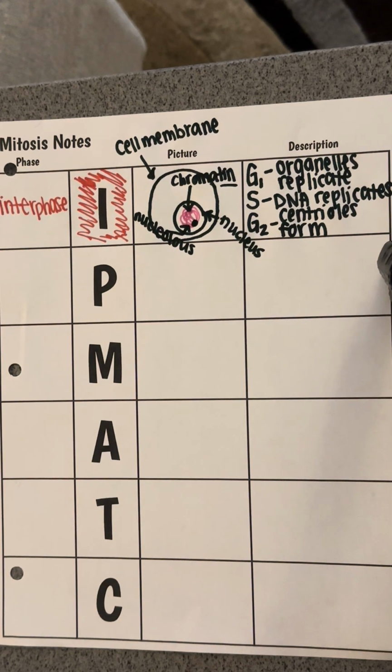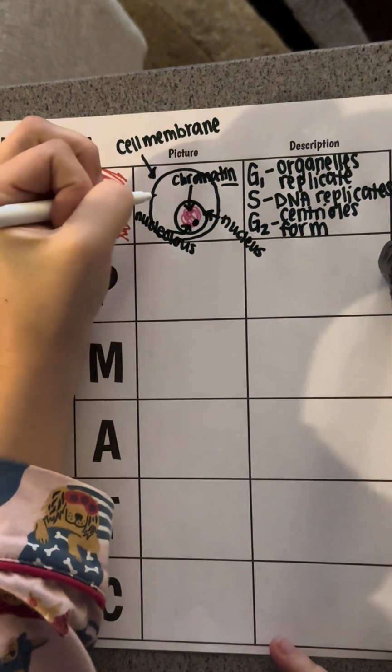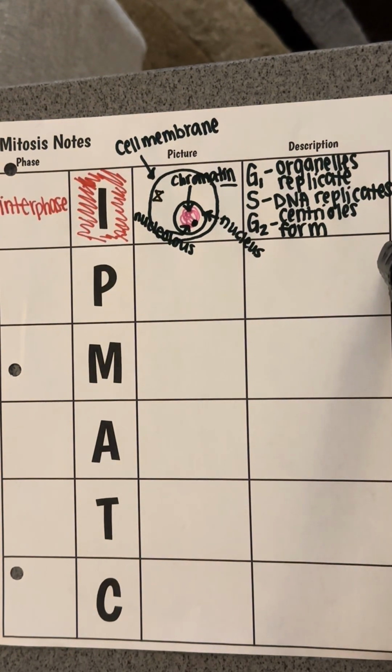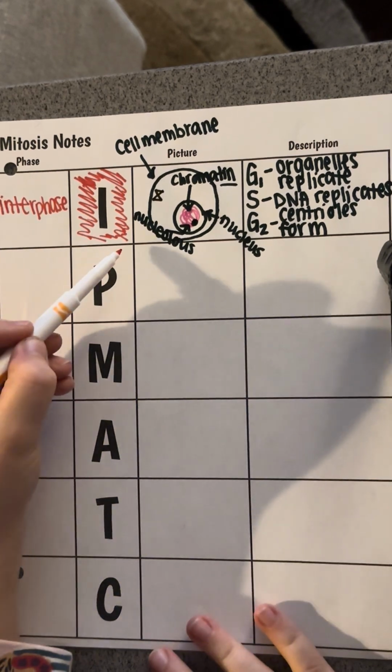Another thing that we have to draw here, since the centrioles do form, is the centriole itself. I'm gonna just simplify this picture and draw a bow tie. Bow ties will be our centrioles. So that concludes interphase. We're then gonna move on to our next phase, P, of prophase.